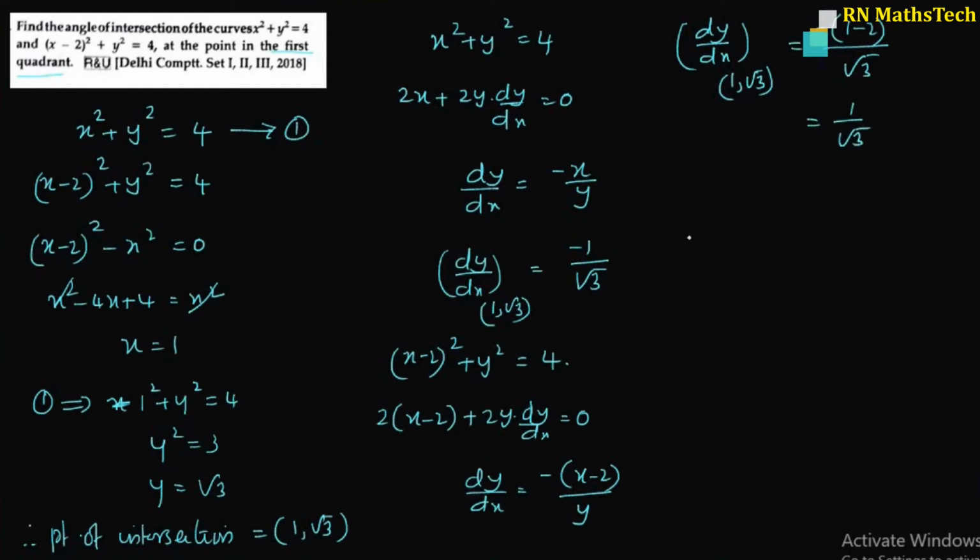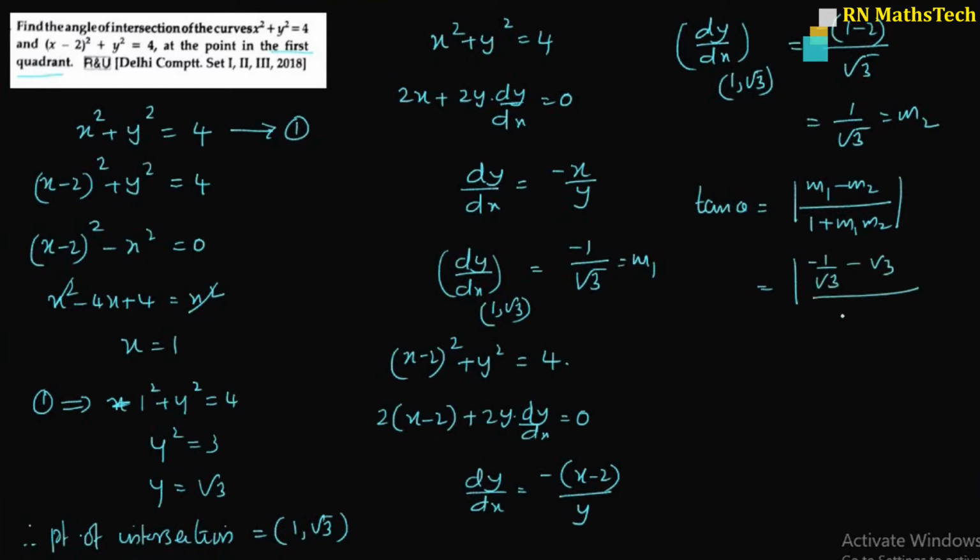Okay, so first slope let it be m1, second slope is m2. tan theta is equal to modulus of m1 minus m2 divided by 1 plus m1 m2. Okay, that is modulus of minus 1 by root 3 minus 1 by root 3 divided by 1 plus minus 1 by root 3 into 1 by root 3.